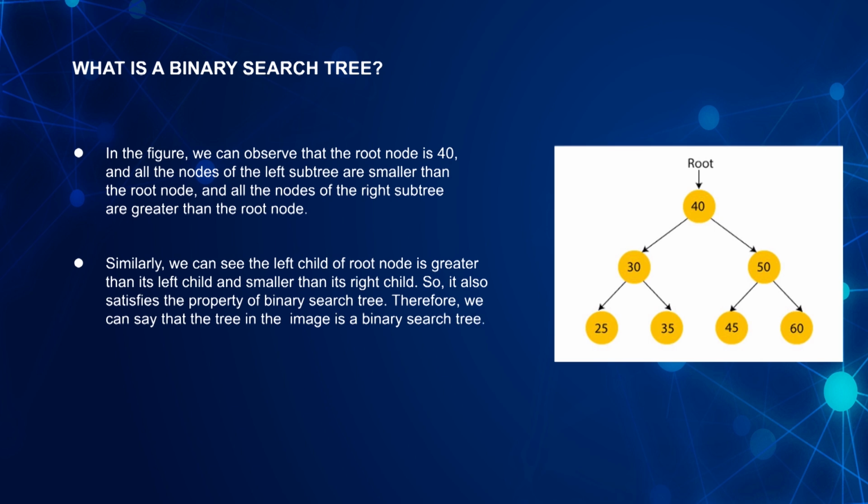Similarly, we can see the left child of root node is greater than its left child and smaller than its right child. So, it also satisfies the property of binary search tree. Therefore, we can say that the tree in the image is a binary search tree.